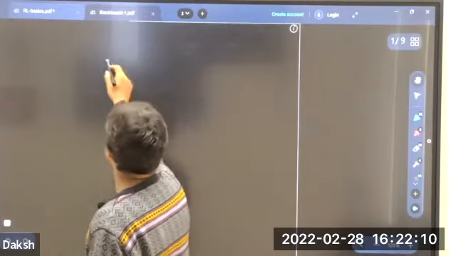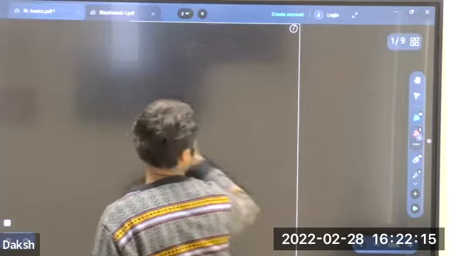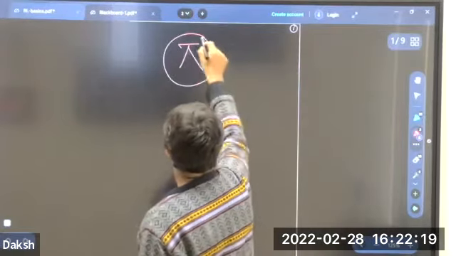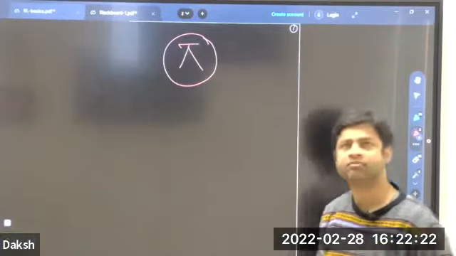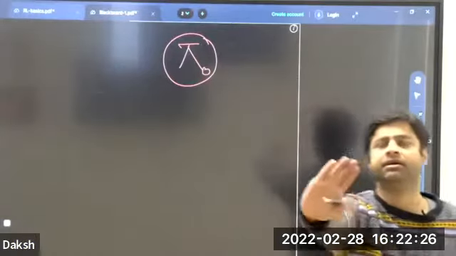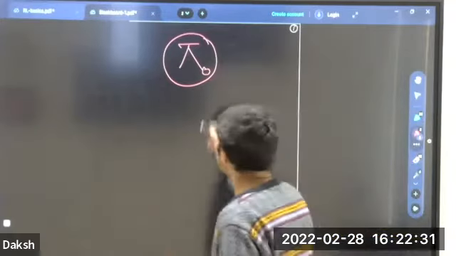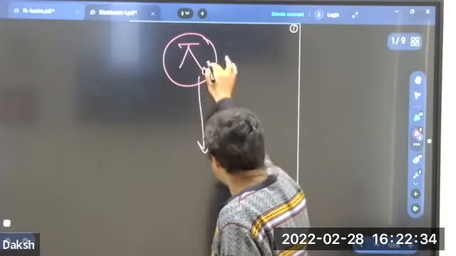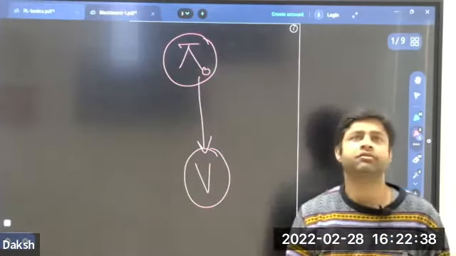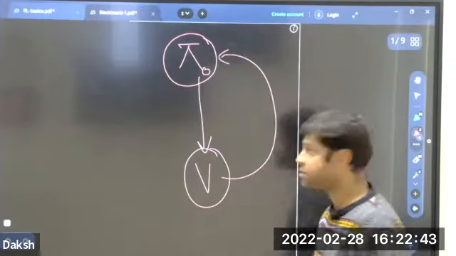Yes, so what I'm trying to say over here is that I'm having a pi, maybe pi 0. If I give you pi, you can compute the value function because that's very simple for you. So from pi 0, we can get the value function. With this value function, I can again go back to my pi using Bellman optimality.